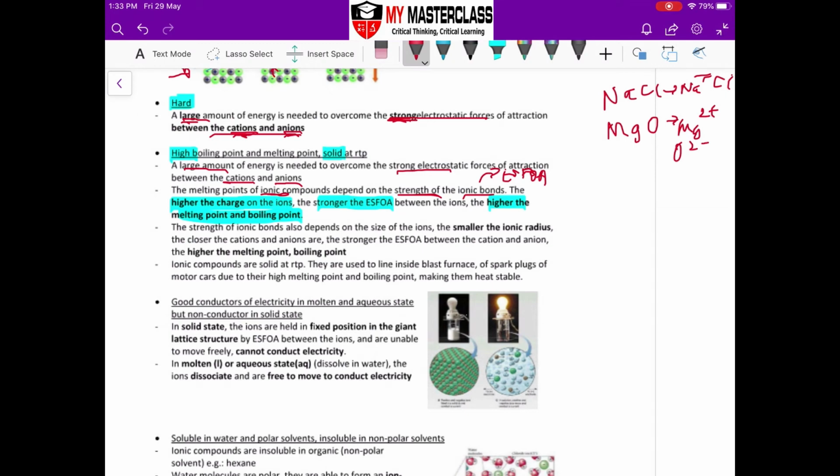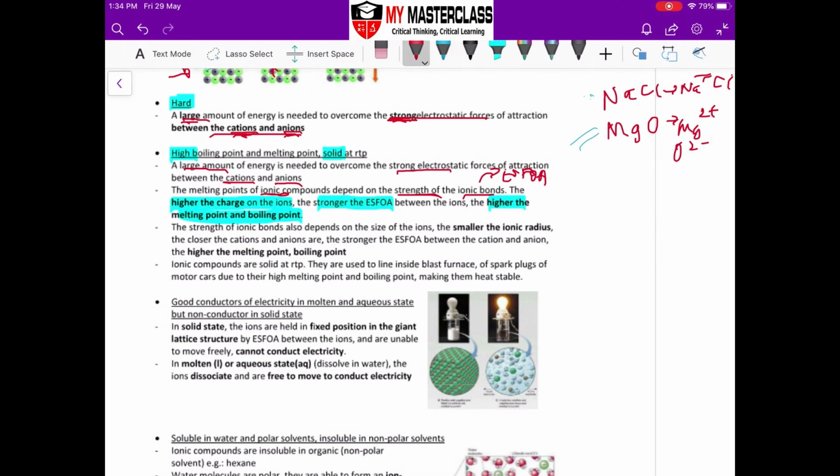So my magnesium oxide has double the charge. The ions of magnesium oxide have higher charge than sodium chloride. Therefore, it has a stronger electrostatic force of attraction. This leads to higher melting point and boiling point. So magnesium oxide will have higher melting point and boiling point than sodium chloride.